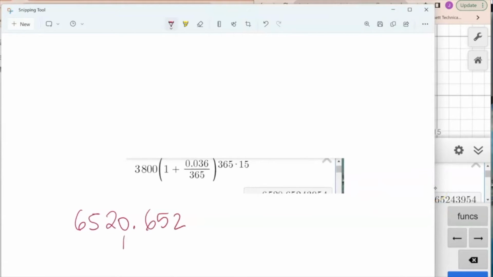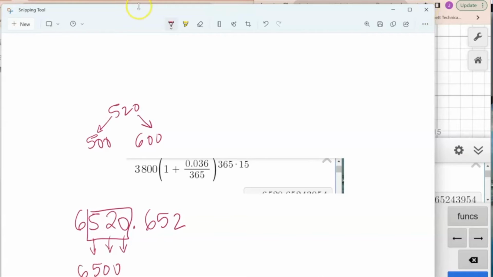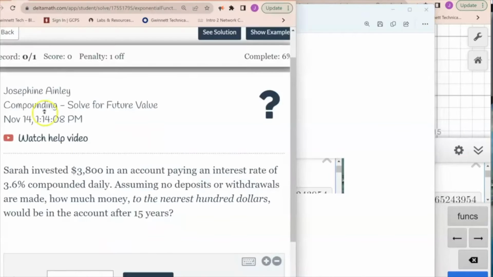Again, this is your ones, your tens, your hundreds. So nearest $100, we're concerned about this number right here. We are between $500 and $600. Where is 520? Is 520 closer to 500 or is it closer to 600? So hopefully you said it's closer to 500. So that's going to be $6,500.